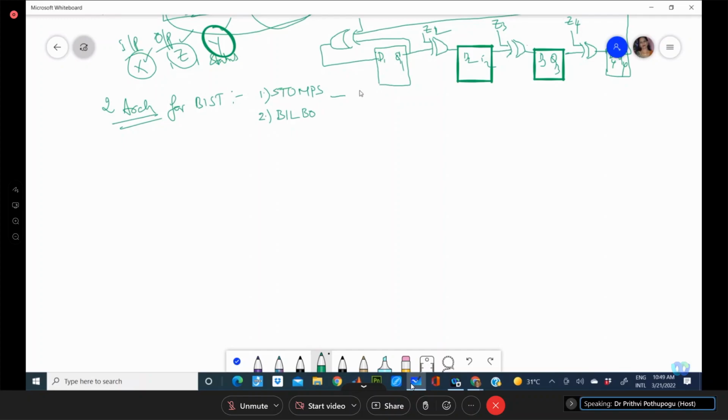This is self-testing using MISR and parallel shift register sequence generator. M stands for multiple input signature register, P stands for parallel, S stands for shift, R stands for register, shift register sequence generator.